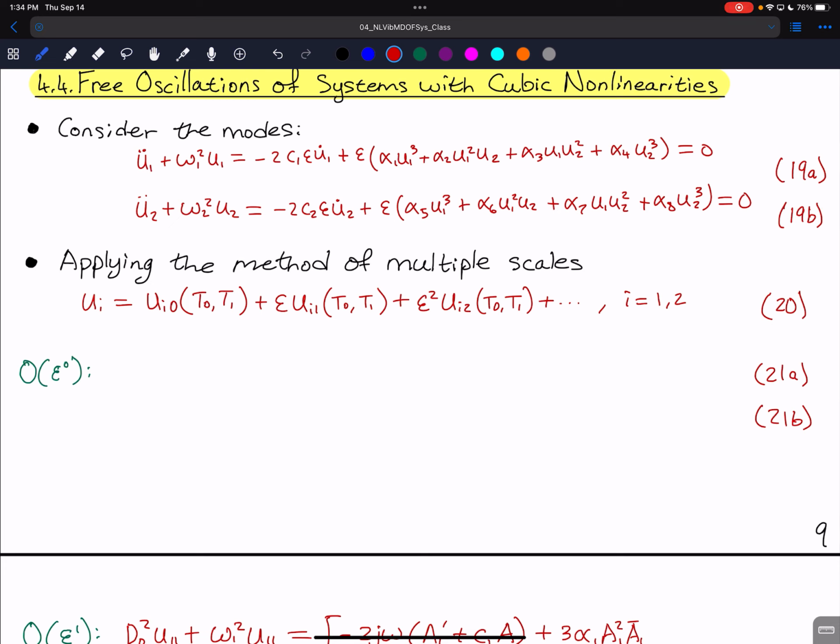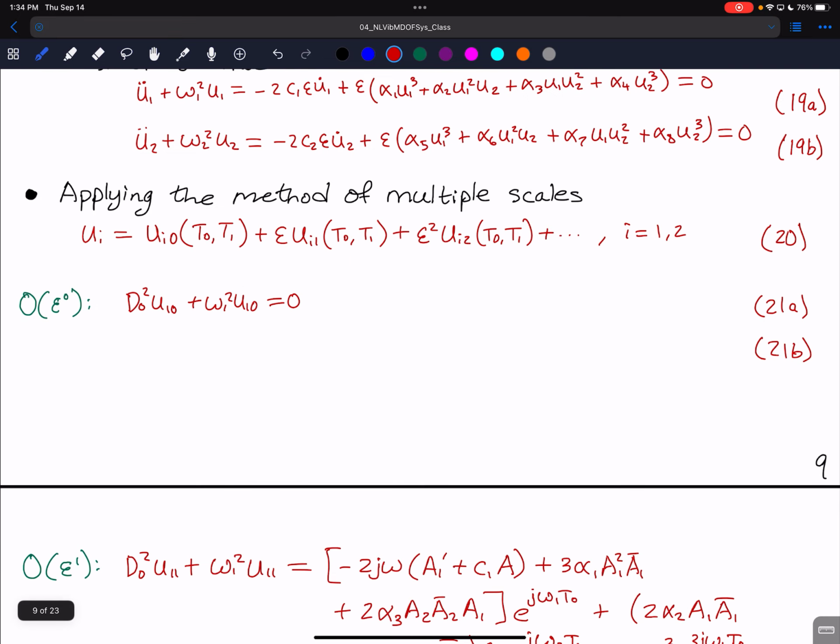We'll get d0 squared times u1 0, so this is the 0th term of the first mode u1, plus omega 1 squared u1 0 is equal to 0. And then our second equation, we will get d0 squared u2 0, which is now the 0th term of the second mode u2, plus omega 2 squared times u2 0 equal to 0.